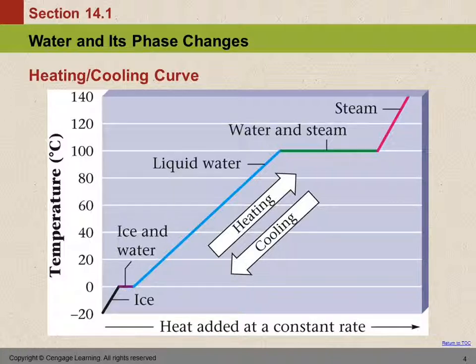All the heat energy that we're adding is going into the process of melting the ice. And so when you have an ice and water mixture, it doesn't matter how long the ice has been in there or how cold the ice was before you stuck it in the water, the temperature is going to be 0 degrees Celsius or really close.